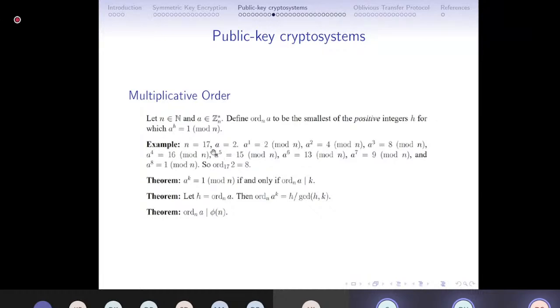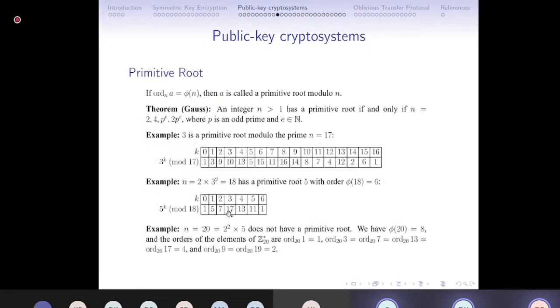In this example we have the number 17, and we assume a is 2. If you compute 2 raised to the power 8, it gives you remainder 1. That means the order of 2 in this scenario is 8. Accordingly, you can apply these theorems.